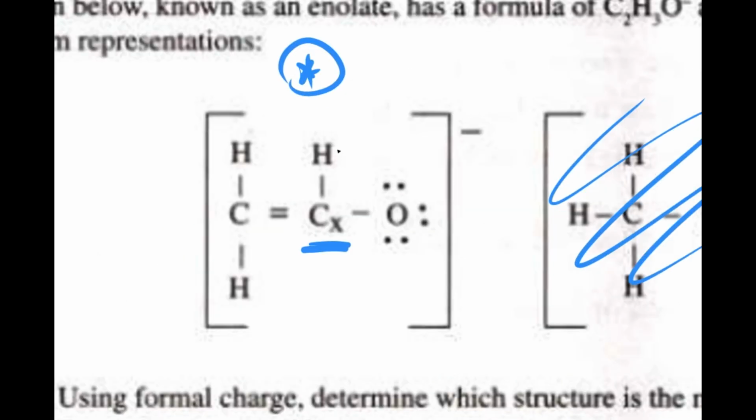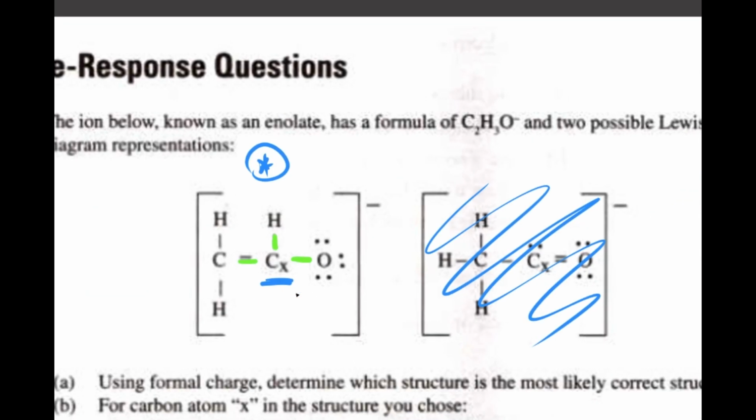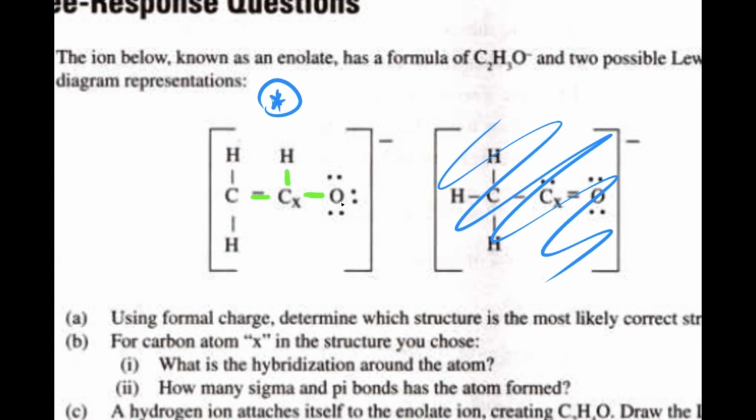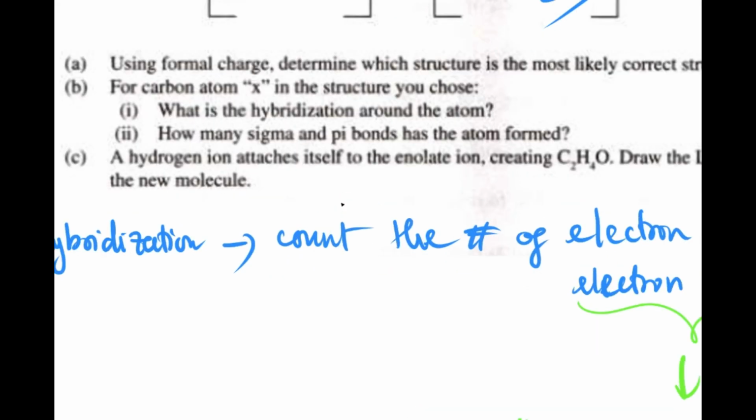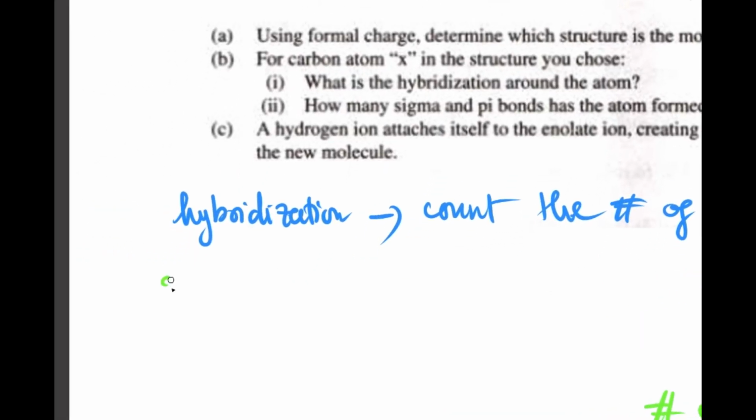So here we have one sigma bond, and one sigma bond. I'm going to delete this because that would be a little bit confusing. So that would be 3 domains of electrons.